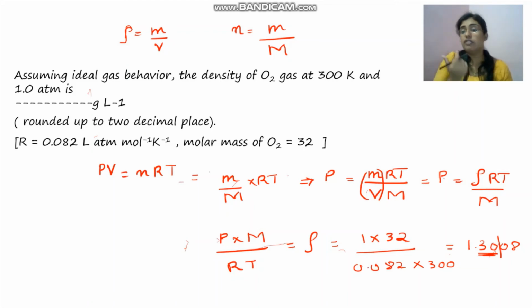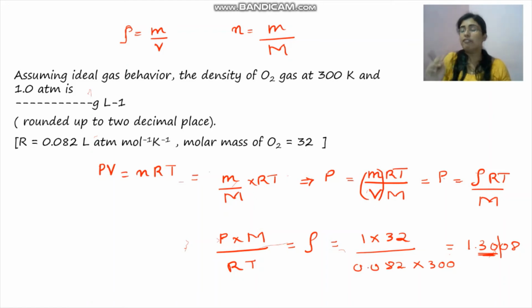So take the first 2 decimal places, that is 3 and 0. Then look at the next number, the number next to the 2 decimal places, which is 0. If that value is greater than or equal to 5, then we have to add 1 to the earlier 2 decimal places.